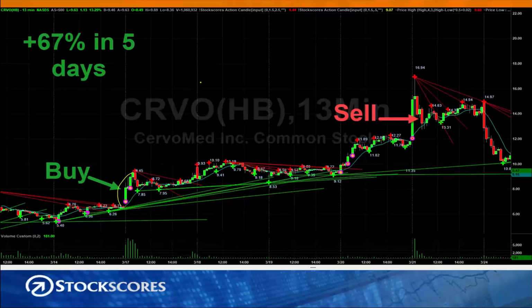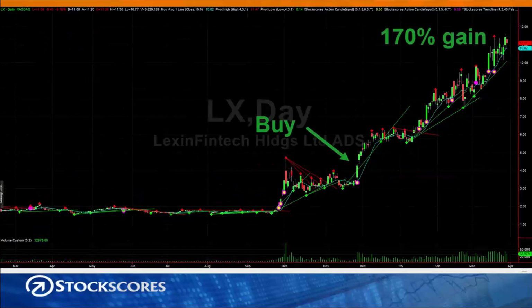Here we have an example of a swing trade signal. You'll notice the same pink and yellow dot, and the stock rallied 67% up to the sell point in 5 days.